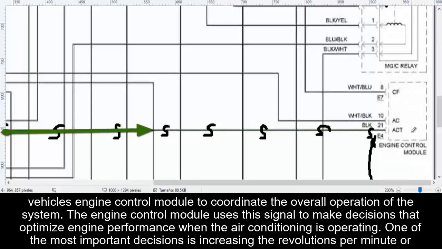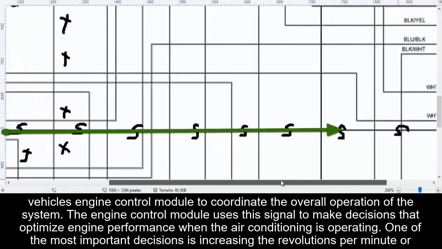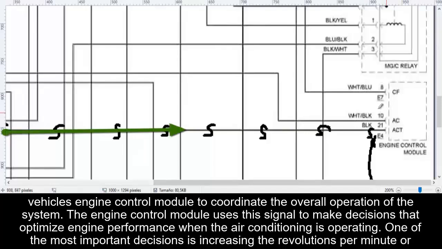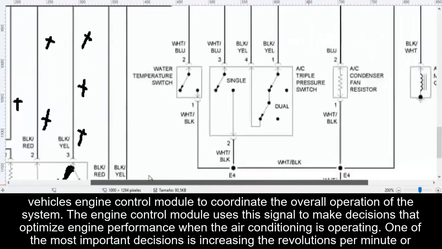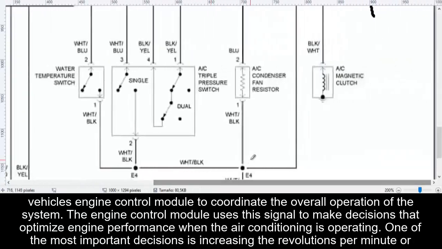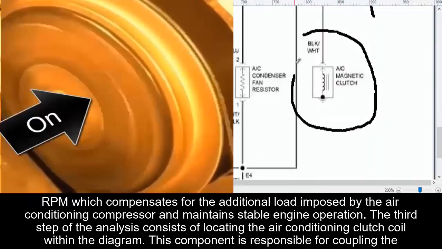The engine control module uses this signal to make decisions that optimize engine performance when the air conditioning is operating. One of the most important decisions is increasing the revolutions per minute, or RPM, which compensates for the additional load imposed by the air conditioning compressor and maintains stable engine operation.